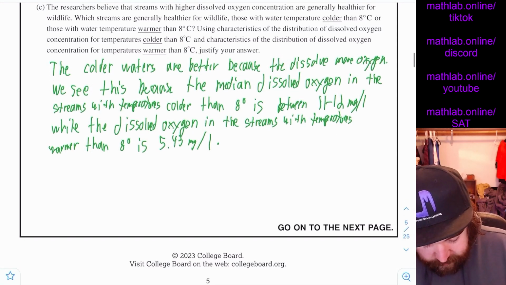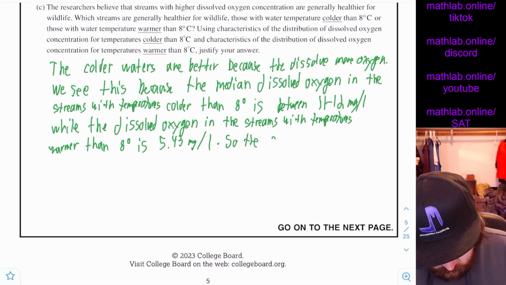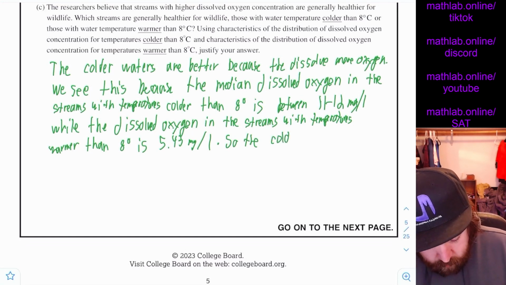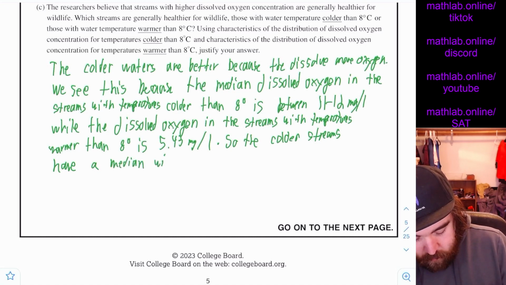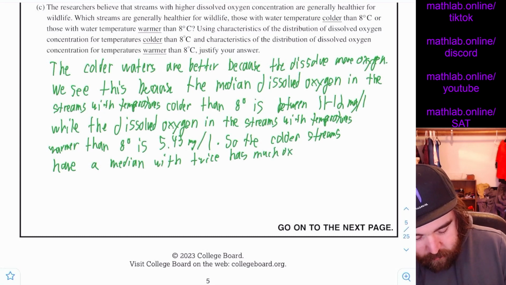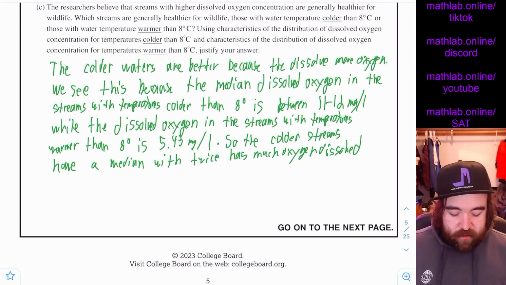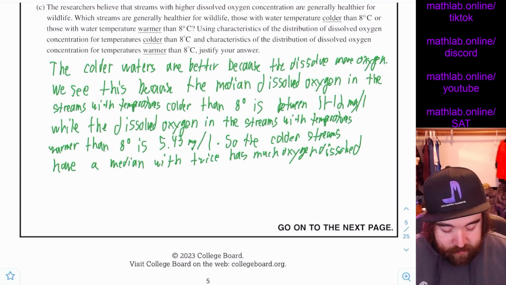I'm sorry it's taking me so long to write these words. So the colder streams have a median with twice as much oxygen. That was so many words. That last sentence isn't very good. So the colder streams have a median with twice as much oxygen dissolved.